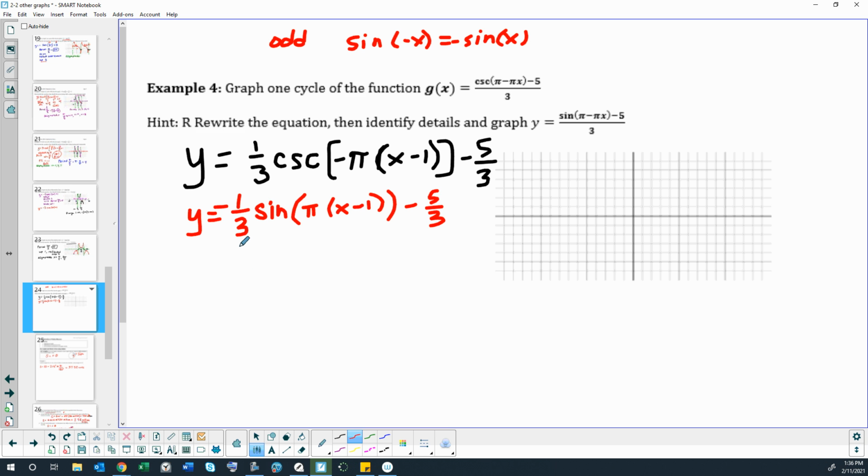So this is the amplitude, right? 1/3 is the amplitude. Pi is omega, so that means the period is going to be 2 pi divided by pi, which is 2. And then this is going to move it to the right one. That's our phase shift. And then this moves it down 5/3.